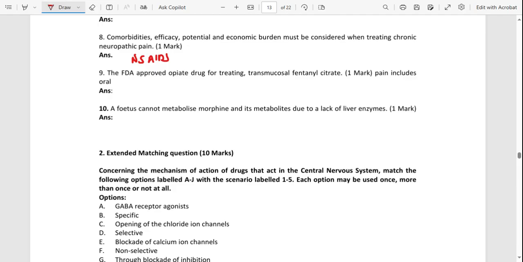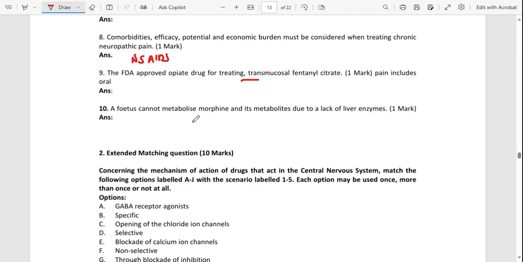Okay, I think this one, the way the question has been written, there should have been a space somewhere. So the FDA approved drug for treating dash pain includes transmucosal fentanyl citrate. So for treating dash pain, that's how it was supposed to be. So it is breakthrough pain. So transmucosal fentanyl citrate is going to be used for treatment of breakthrough pain.